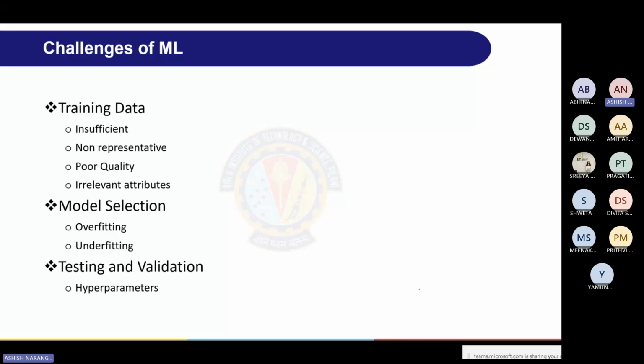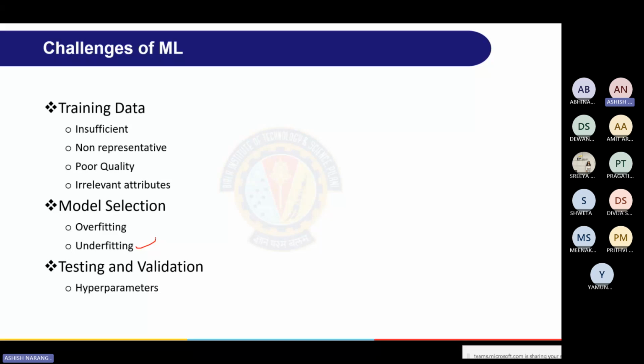That term is typically known as overfitting. With graphs, I'll explain overfitting in detail. There is another term, underfitting. Underfitting is when the model itself is not very well aligned with the training data.